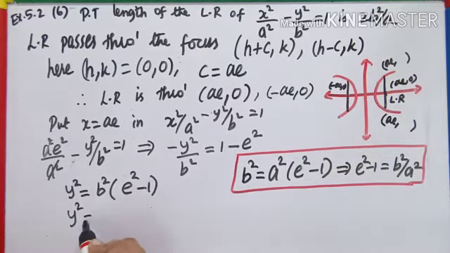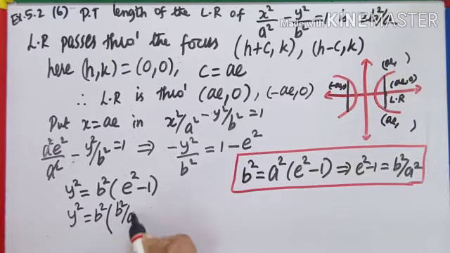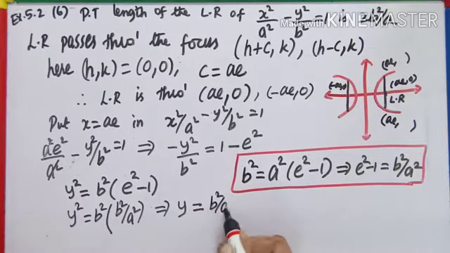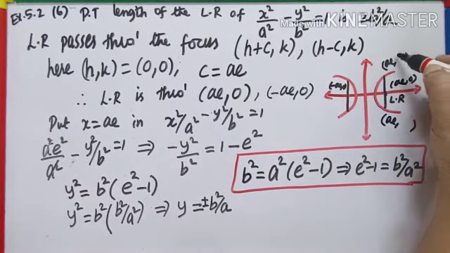Substituting, Y square equals B square into B square by A square, or Y is equal to, taking the square root, plus or minus B square by A. So I am able to fill in the diagram.